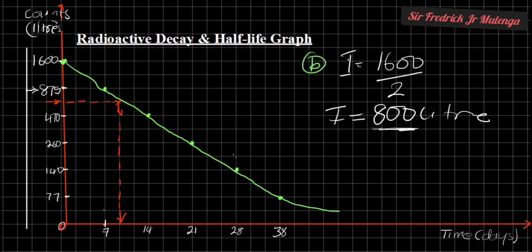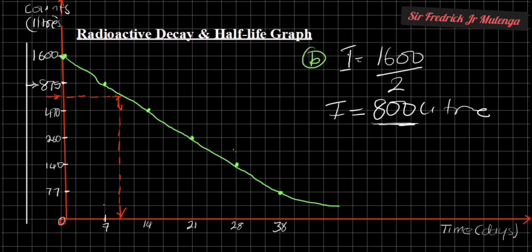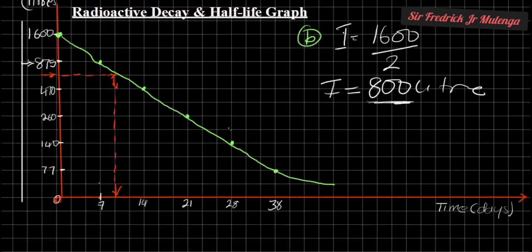If my previous unit is 7, then it is between 7 and 14, so definitely here it could be 10. So the half-life could be 10 because it's an estimate.